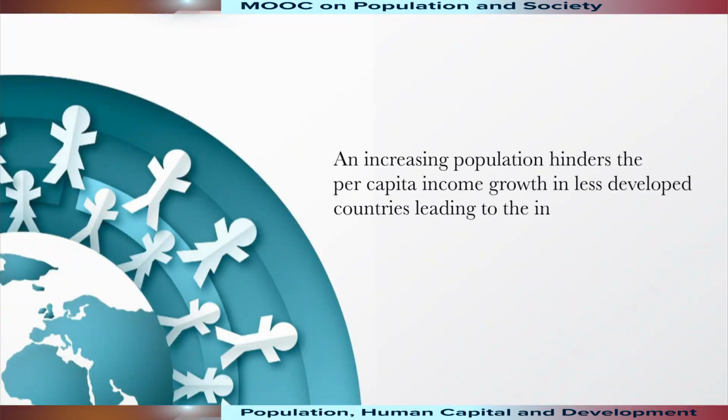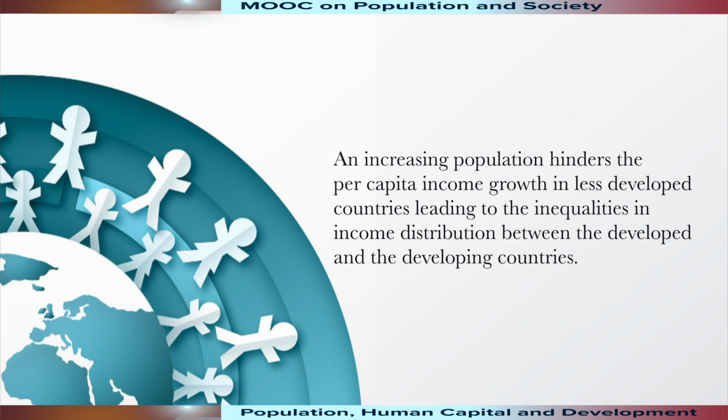For instance, an increasing population always has the tendency of hindering per capita income growth in the less developed countries. And it leads to inequalities in income distribution between the developed and the developing countries.